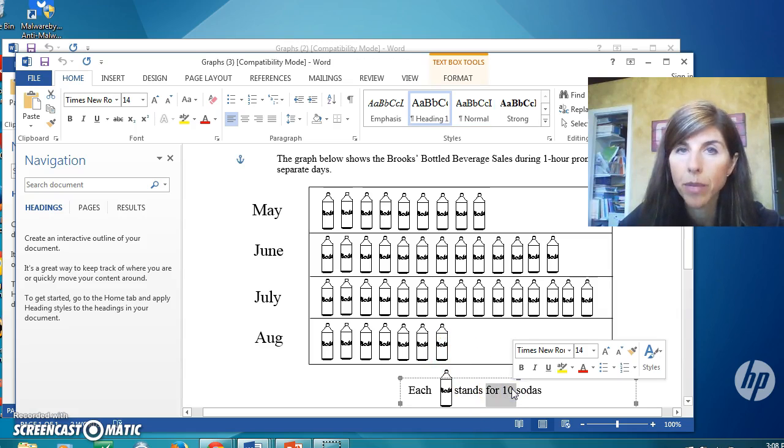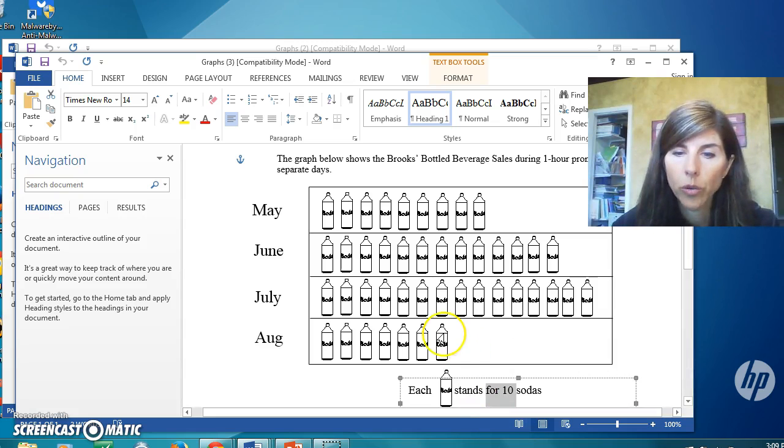I don't have that many cans, so I would represent one of my cans equaling two. So you want to make your picture represent a bigger number if you have a lot of it, or a smaller number like 5, something easy to count by, 2s, 3s, 5s, 10s, etc.